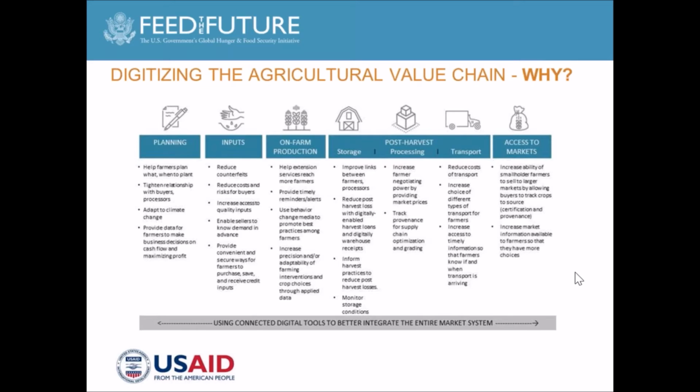We found that the stages include planning; the actual inputs such as seeds or fertilizers, where labor and machinery could also be considered inputs; access to those; what actually happens on farm in terms of production; and then post-harvest, minimizing loss and ensuring that production gets into processing, if it's destined for that path to market, distribution, and market information.